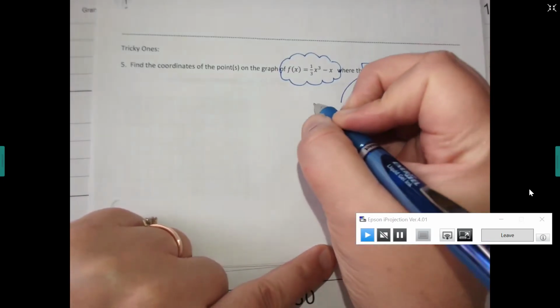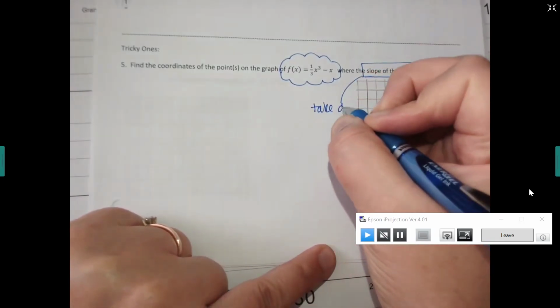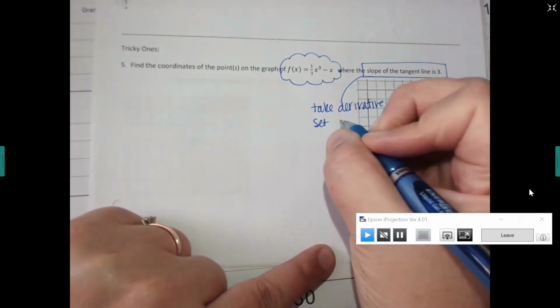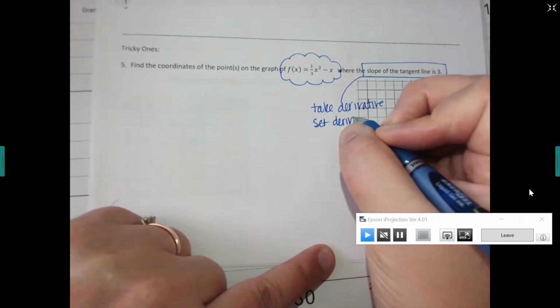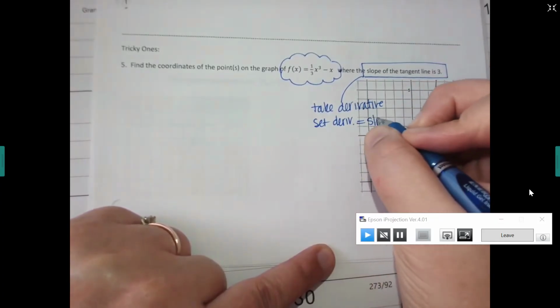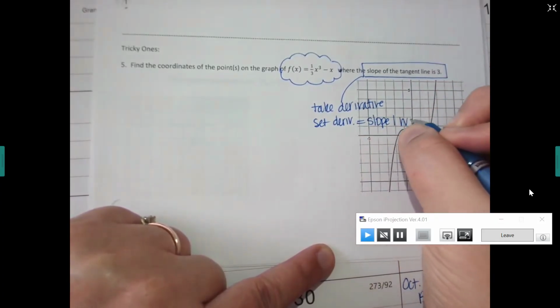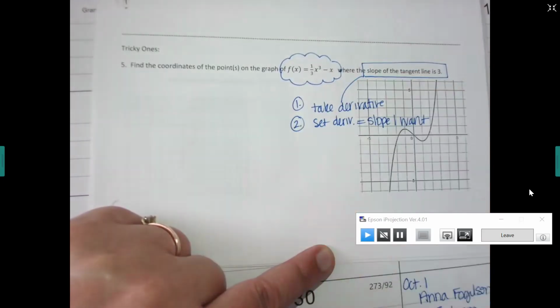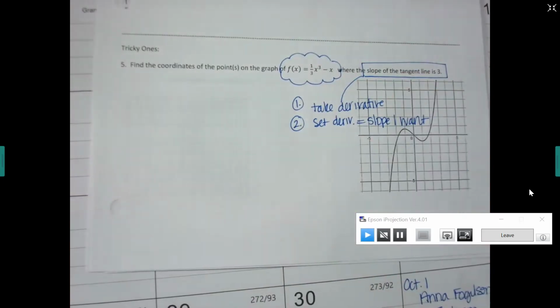So if I want the slope to be 3, then what I'm going to do is take the derivative, and then I'm going to set the derivative equal to the slope that I want. So take the derivative, that's going to tell me my slope, and then I'm going to set it equal to the slope that I want, which in this case we said is 3. So go ahead and do that for me. You have your f of x right here.